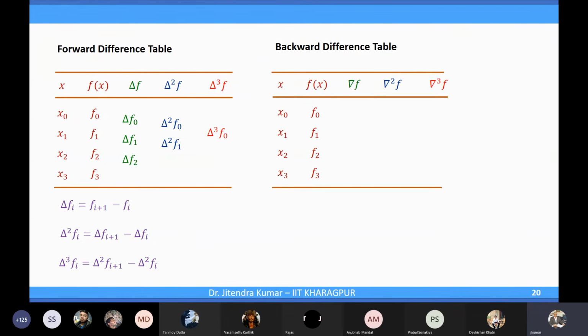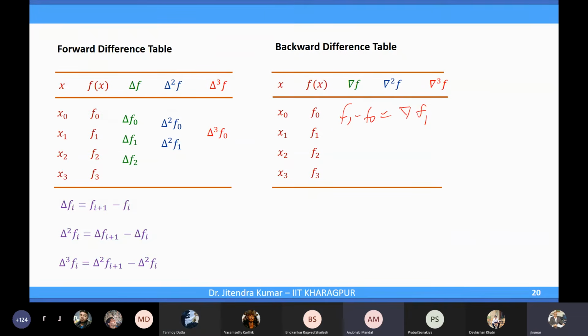Well, the backward difference table is also the same. Here we'll be doing the same thing. There is no change. Again, f1 minus f0. But what is that in terms of the backward delta? What do we call that? Yes, backward delta f1.